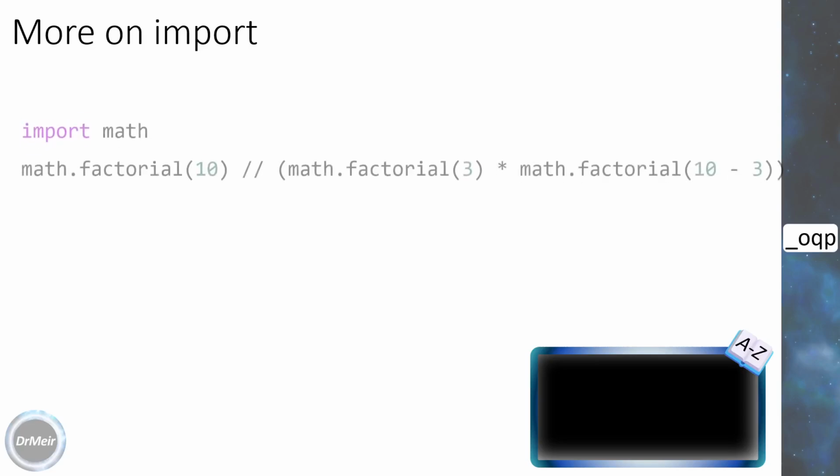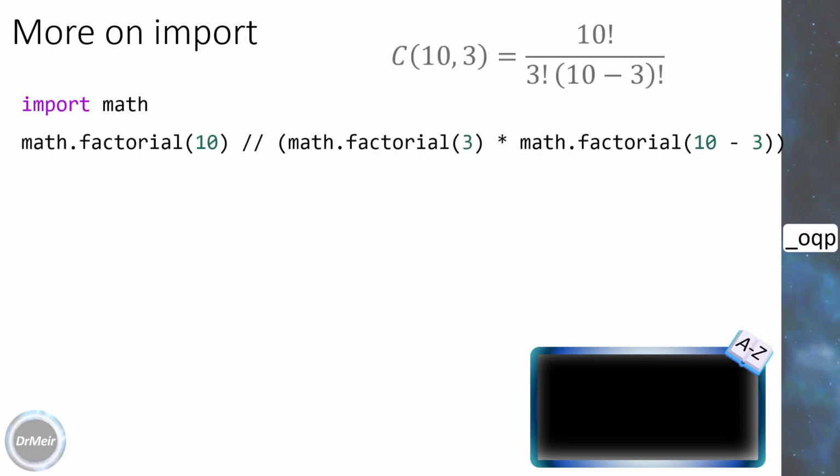Now, I want to show you how to use imports effectively and what to avoid. This expression computes the binomial coefficient 10 choose 3. You don't need to know what a binomial coefficient is to notice that this expression is bulky.